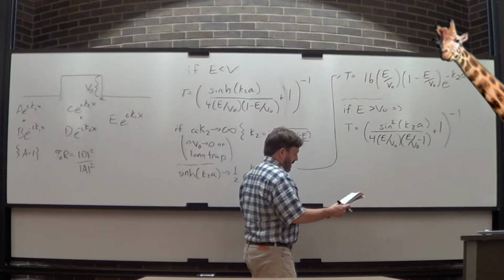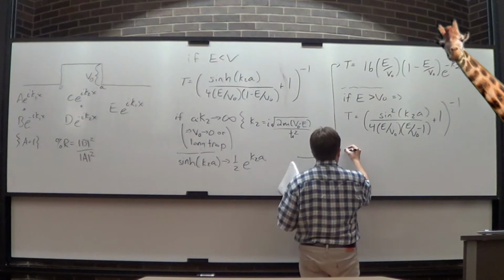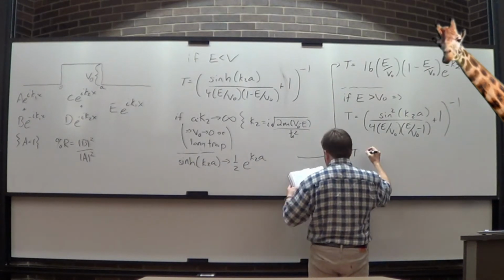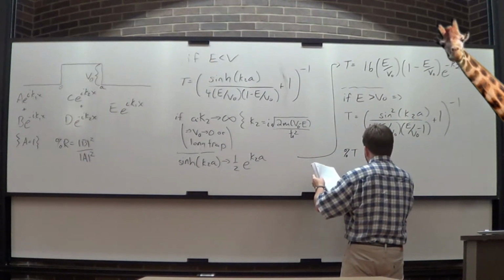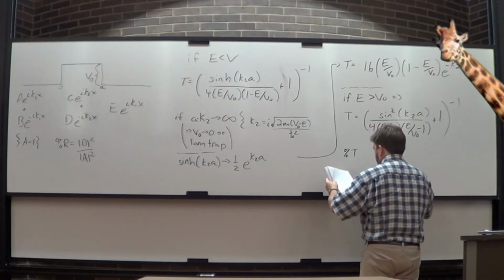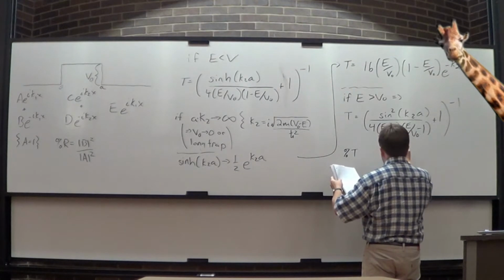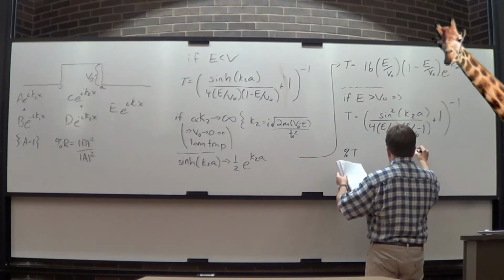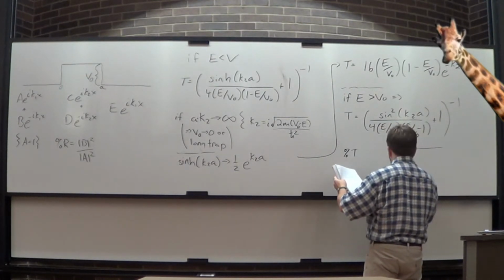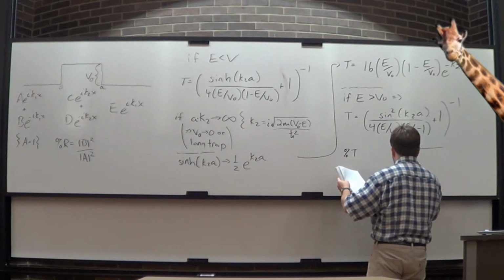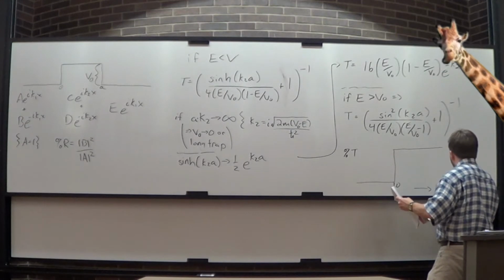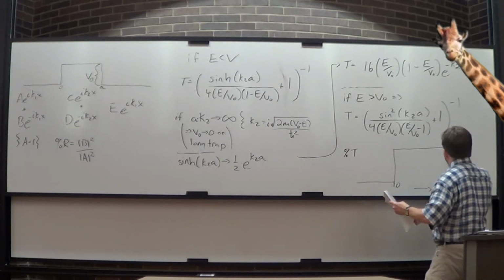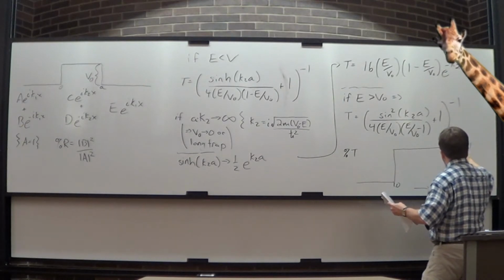Okay, now let's plot what that looks like. Let's plot percent transmission. Now again, I told you this before. This is what you'd expect. What I'm plotting here is E over V naught. This is the classical result.